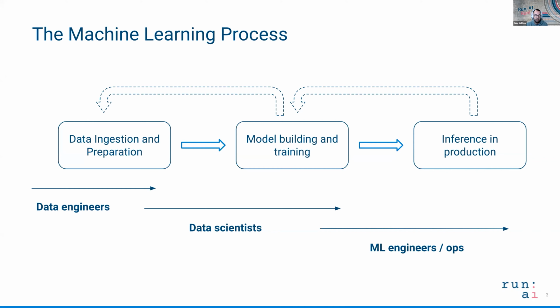And then once our model is deployed, we are ready to move it to production, where it would be able to serve requests from users and provide real value and insights. So we're going to talk about the last stage here, running inference in production.